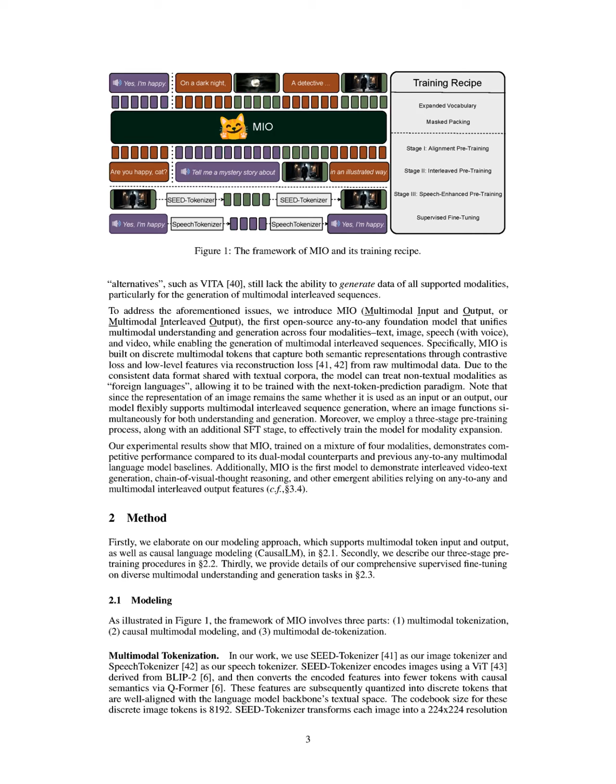The practical benefits of using MIO, Multimodal Input and Output, compared to existing multimodal models include its ability to unify multimodal understanding and generation across four modalities: text, image, speech, and video, while enabling the generation of multimodal interleaved sequences.